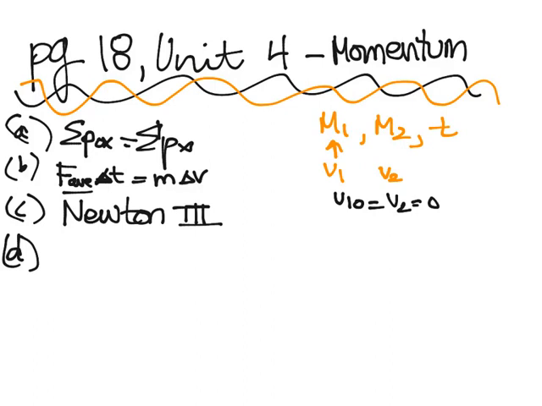Okay, that they should be equal and opposite. And then D asks you, after the initial push, the friction that the ice exerts cannot be considered negligible, and the mother comes to rest after moving 7 meters. Okay, so it asks, if their coefficients are the same, how far does the son move?